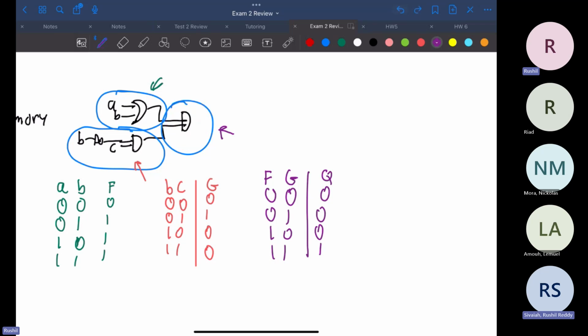What we're doing with the LUT is splitting it up into smaller circuits, so that instead of doing one giant circuit, we're splitting it up into smaller circuits and combining them.